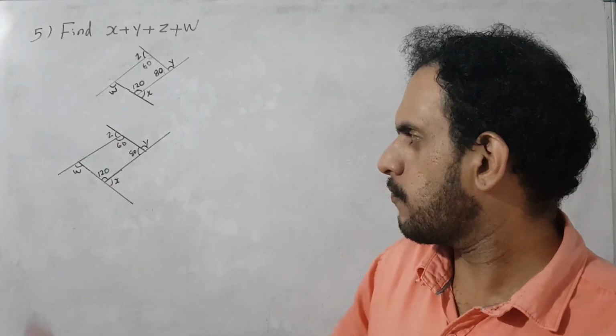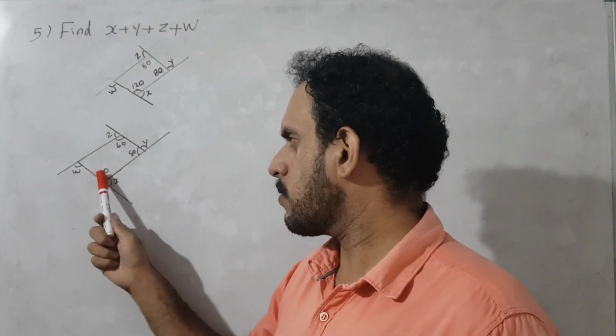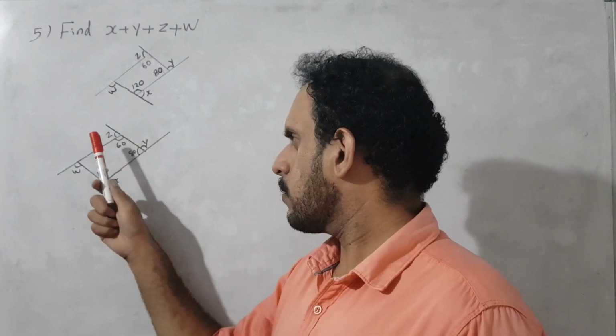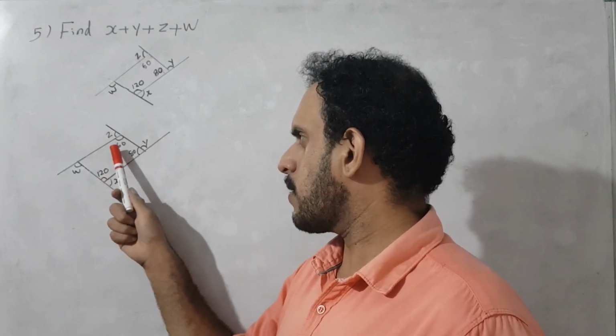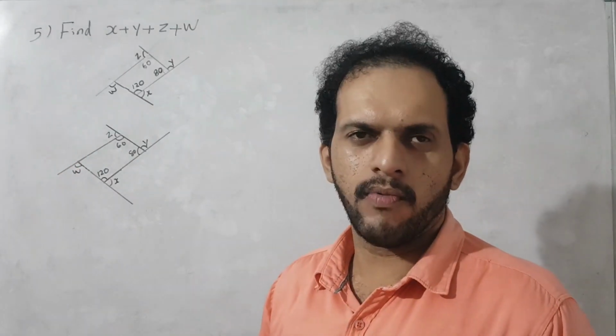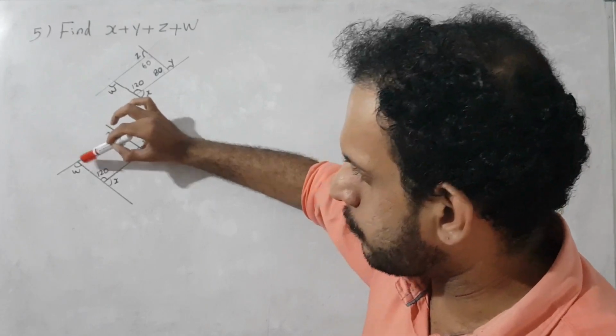So we just redraw the figure, and finding the value of x is very easy because 120 is given. Y is possible to find because 80 is given. Then z is also possible to find, 60 is given, but it is not possible to find w directly. Why? Because no exterior or interior angle is given at this vertex.